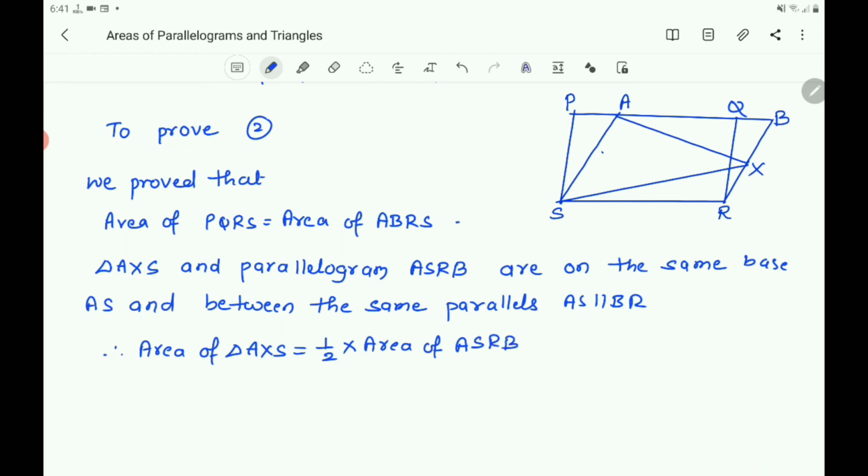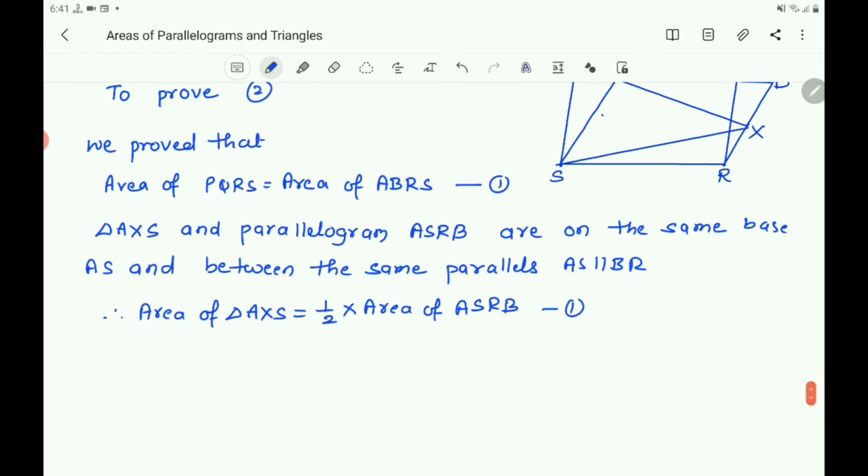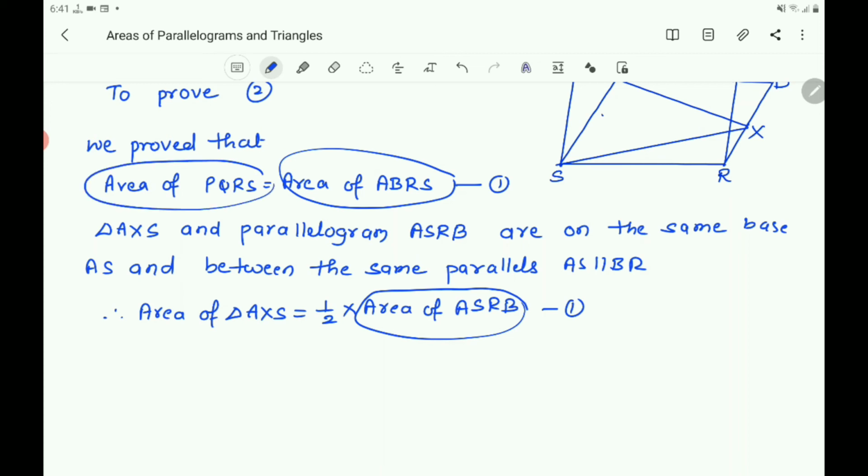Now here you take this is first, this is second. So here in the place of ASRB, you can write area of PQRS because area of ABRS equals area of PQRS.